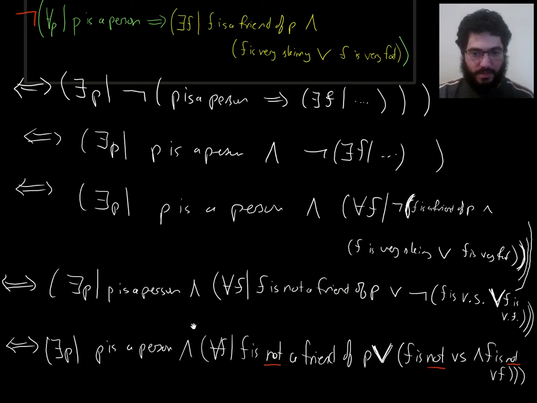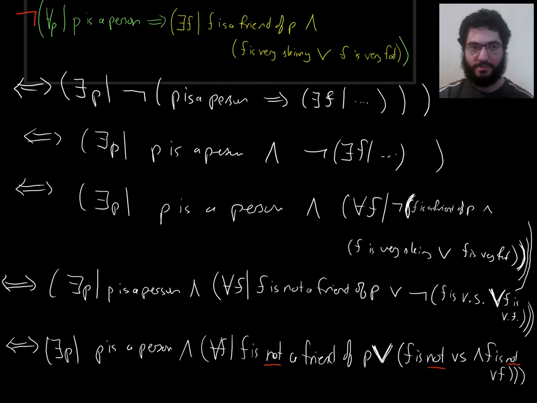All right, but it's a little bit unnatural to have a, so we can still do better. I would say it's a little bit unnatural to have for all f, either this or that is true about f. That's not as natural as if we were to write it using implication.